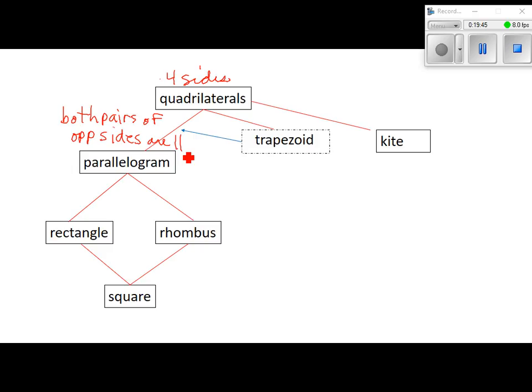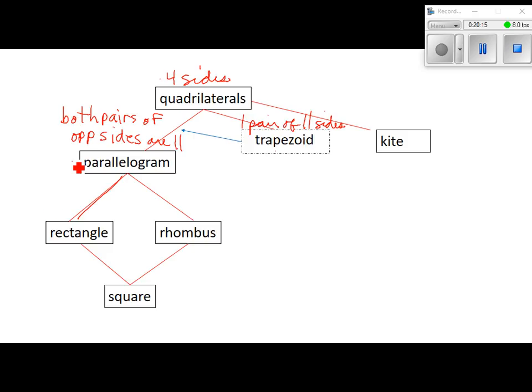If something's not a parallelogram, then it could be a trapezoid. So we check that, and to be a trapezoid, one pair of parallel sides. If you can show one pair of sides are parallel, then it's a trapezoid. If it is a parallelogram, we don't just stop there, we check to see if it's a rectangle. Easiest way to check, once you know it's a parallelogram, it just has to have one right angle.